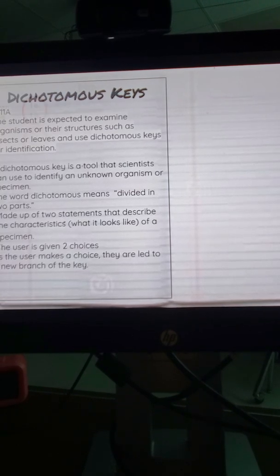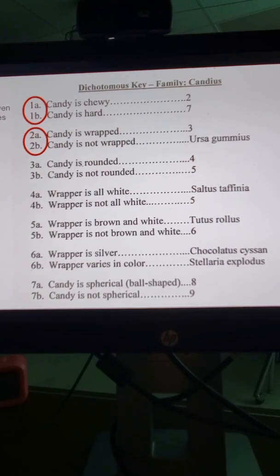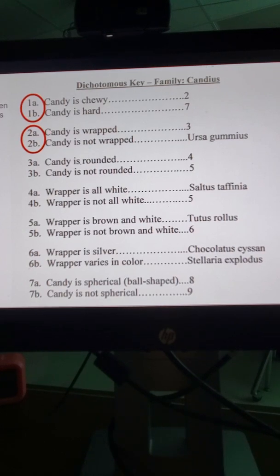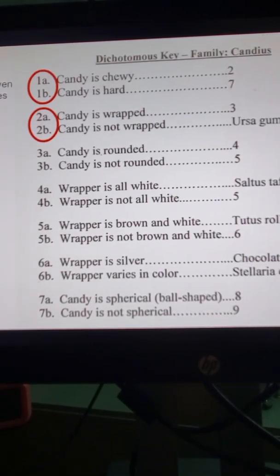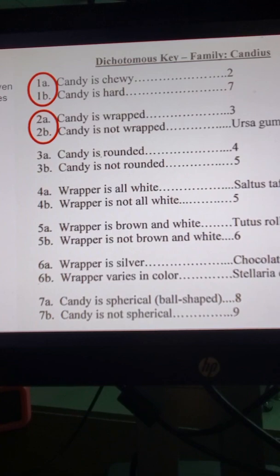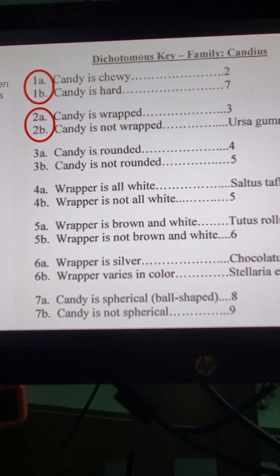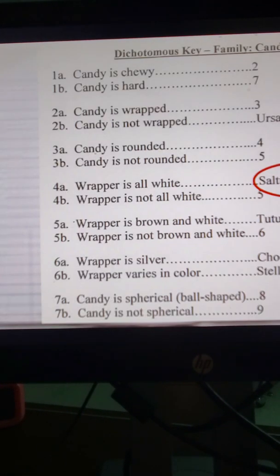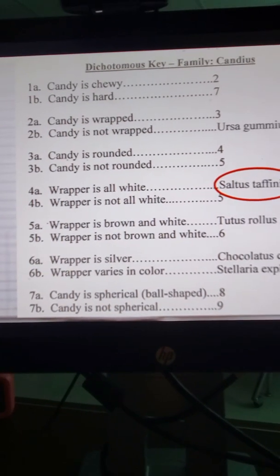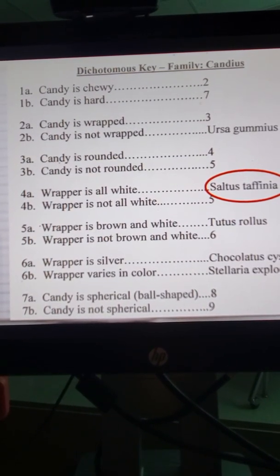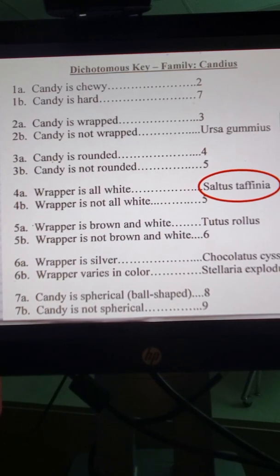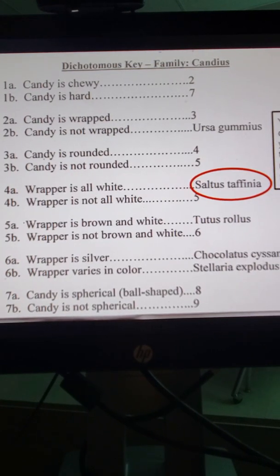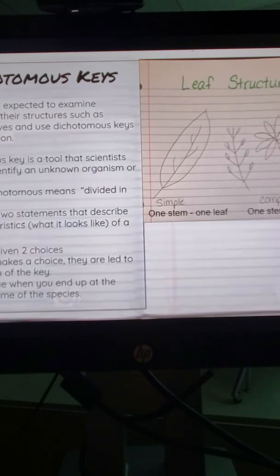So again, you will find these notes in our interactive notebook, and it goes through and just describes how it is that you work a dichotomous key, how it is that you're always given two choices and either instructions to continue or the scientific name that tells you are done. And as you see from some of the examples we've done, it can be the scientific name or it can be the everyday name, as our homework with the leaves has shown us.